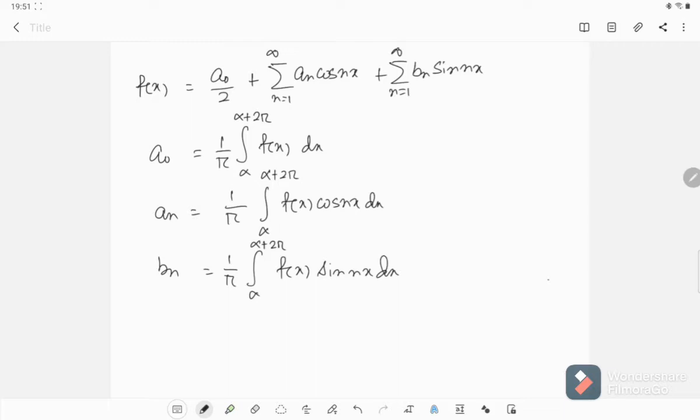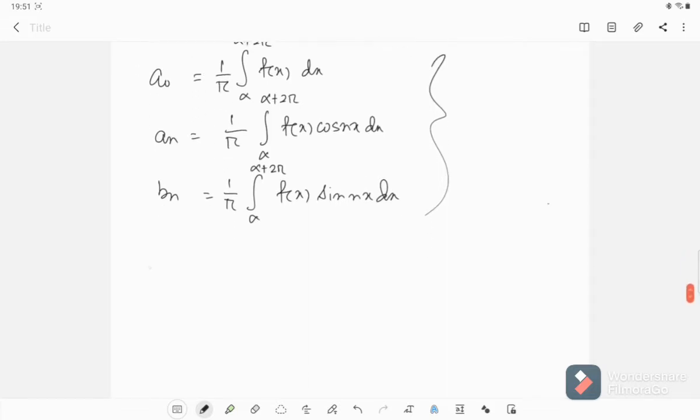Okay, the values of a0, an and bn are known as Euler's formulae.